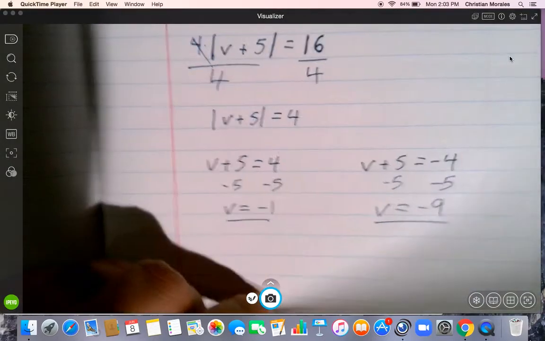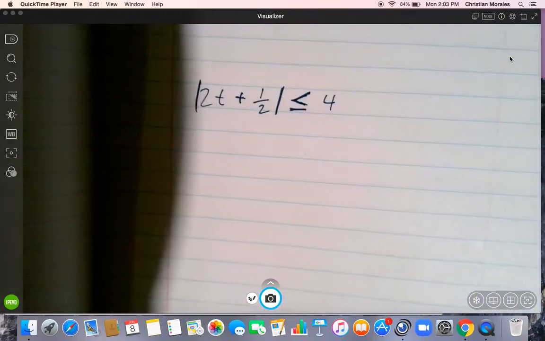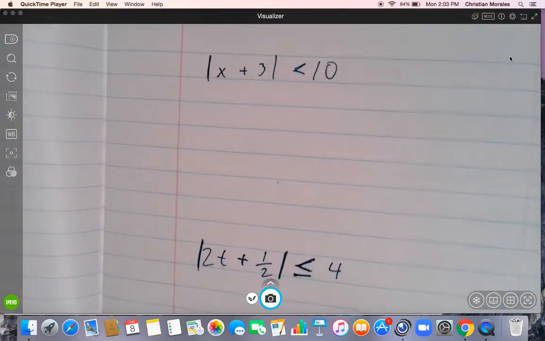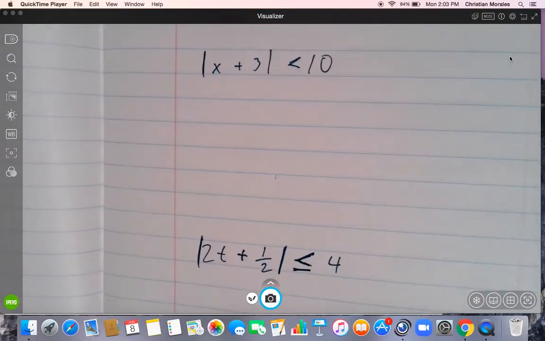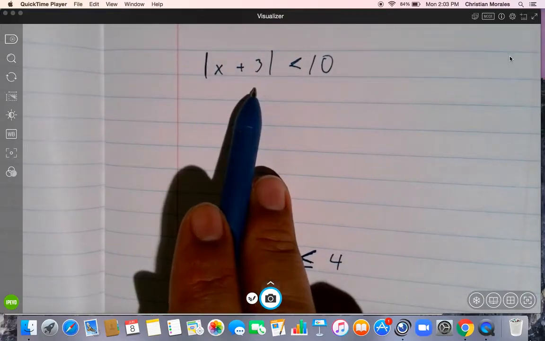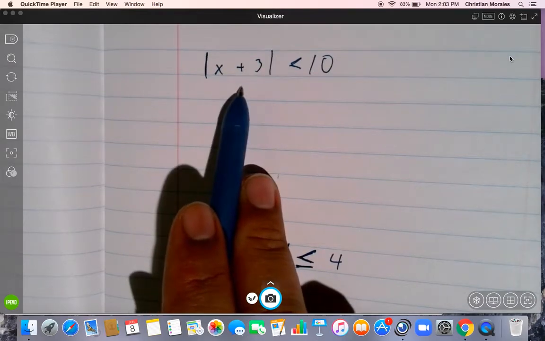Okay. Now, let's talk about inequalities for a second. The way inequalities work is very similar with an exception. When you have absolute values, again, you're going to set up two possibilities.